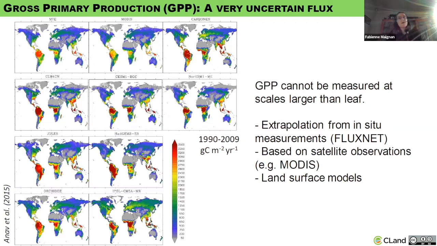So land surface models are numerical models where we put all the information we have about the processes and how they interact with the environment. So the spatial patterns are similar, but when you look more closely, you see they are still different. For example, you have a large production in the tropics, but the extent of this large production varies, like if you see over the Amazon or over Africa.